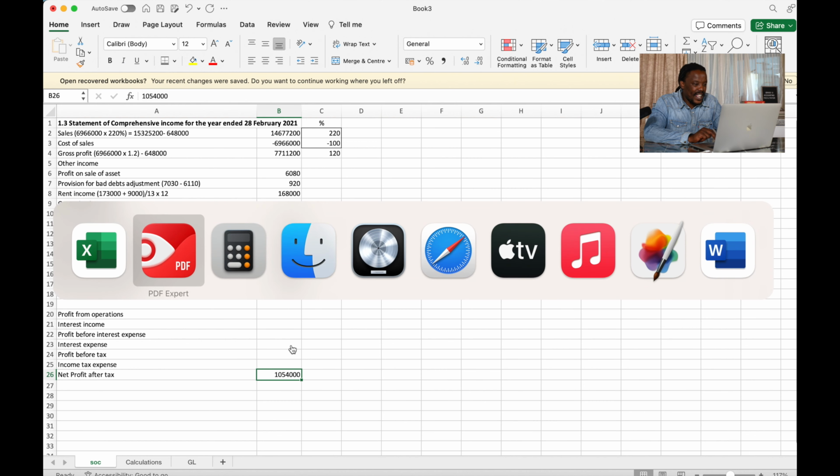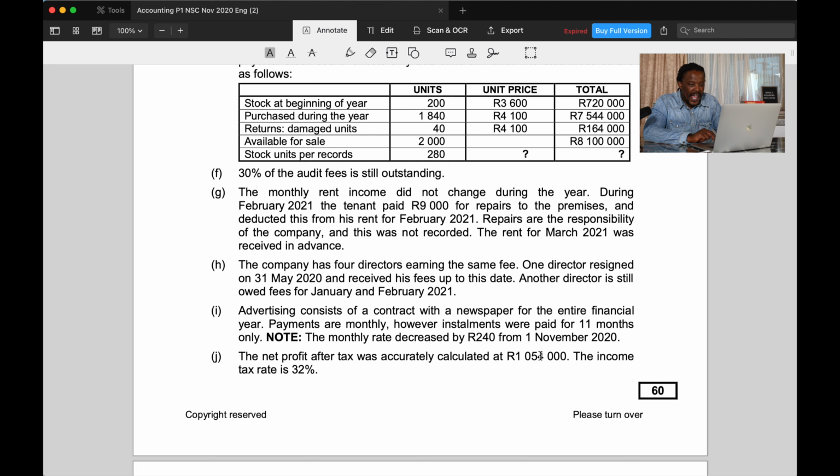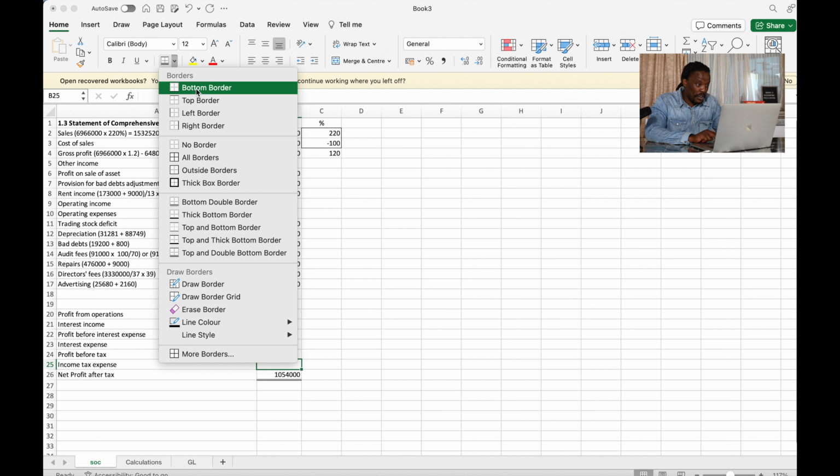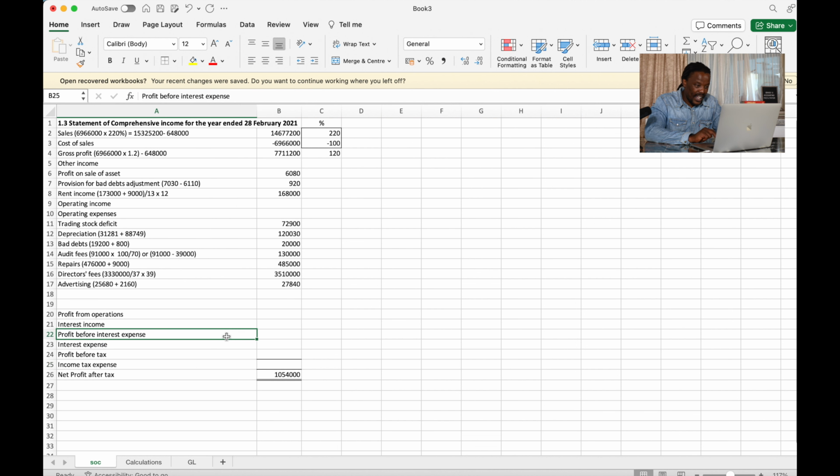And again, they further extend their ideology by saying the income tax rate is 32%. And me and you know from the previous exercise that I must work back what? That's what is happening here.